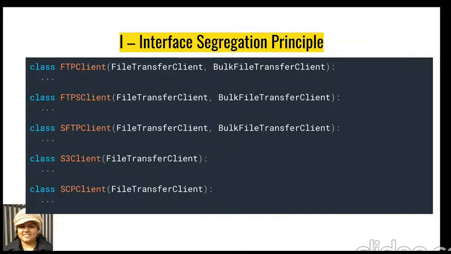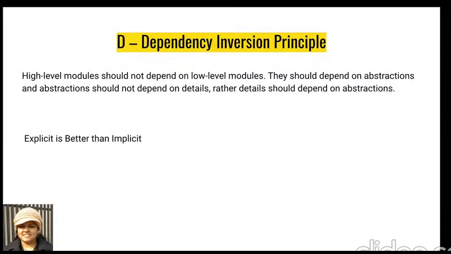Now let's look into our next principle, which is really helpful when we are making sure that the inheritance is working as it should. This is the dependency inversion principle. This is what ties it all together.